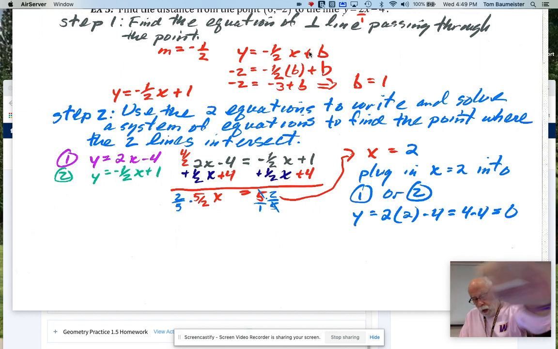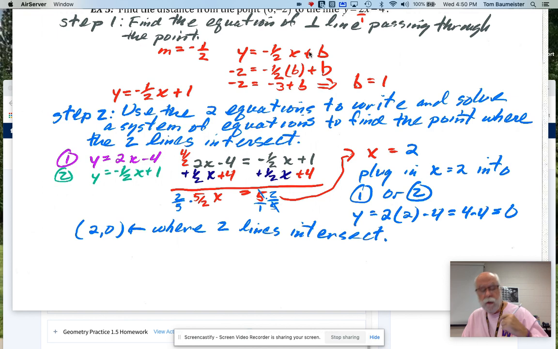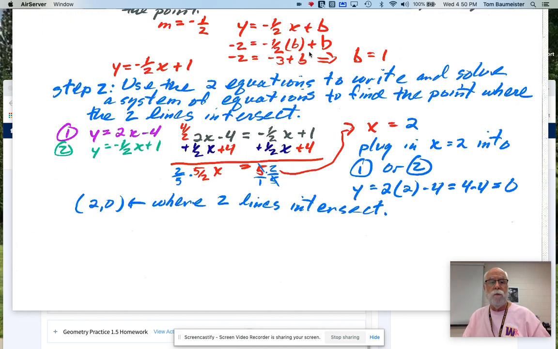All right, so our point then, because I said let's find the point where the two lines intersect, our point where they intersect is 2 and 0. You don't have to write that part. I was just reiterating what I told you.